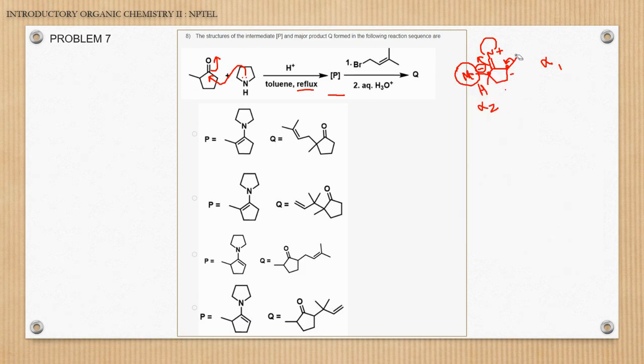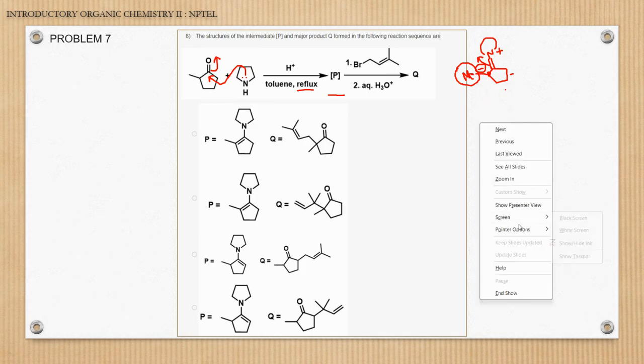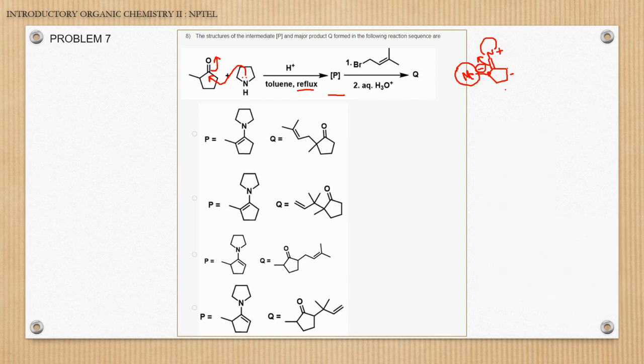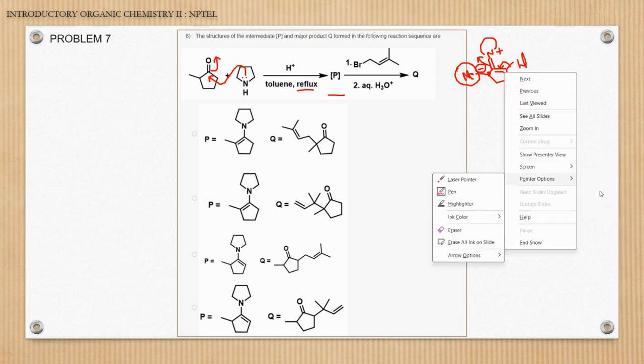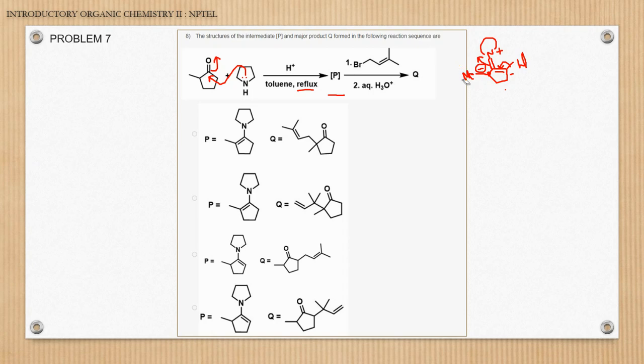That is why the preference here is for the formation of this enamine, basically abstraction of the proton from this side, going here, and there will be this double bond forming in the system rather than the more substituted side double bond.